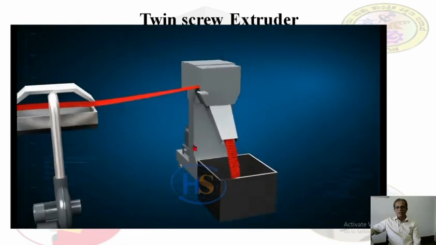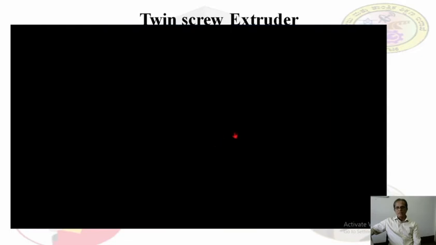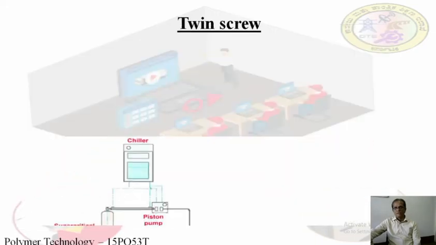Pelletizing is done here. When it comes, this is called a cantilever pelletizer. So the strands are cut here to the required size, and then it is packed. So we have seen how it works.